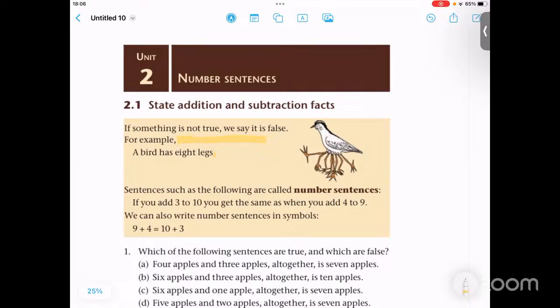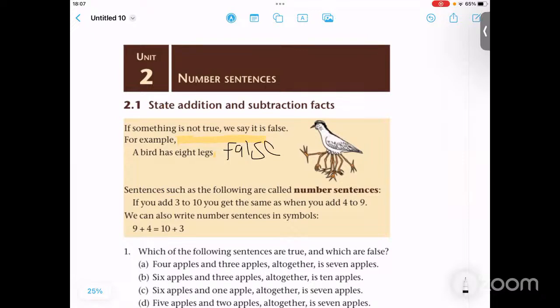Perfect. So that means the statement that we're having here, is it true or false? False. Perfect. It's false because a bird has 2 legs.